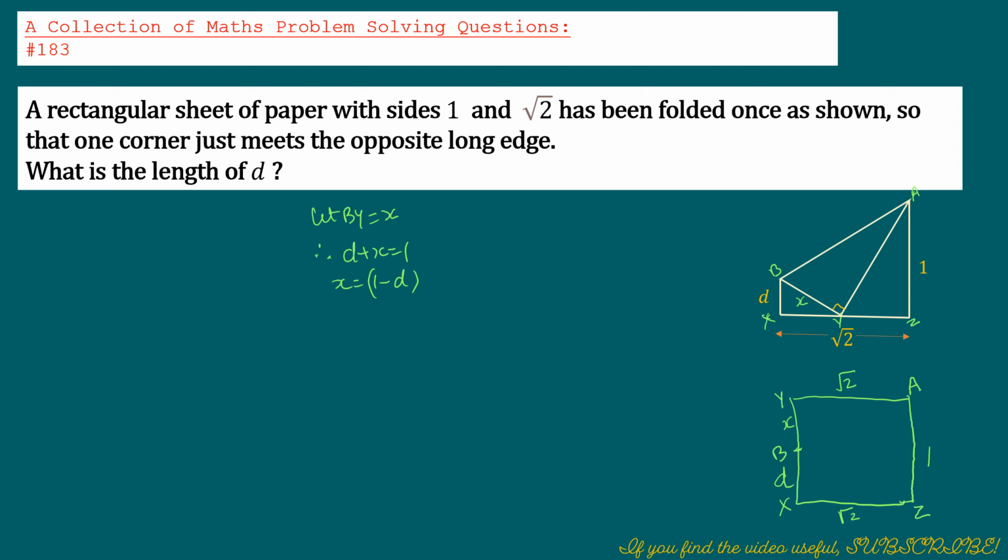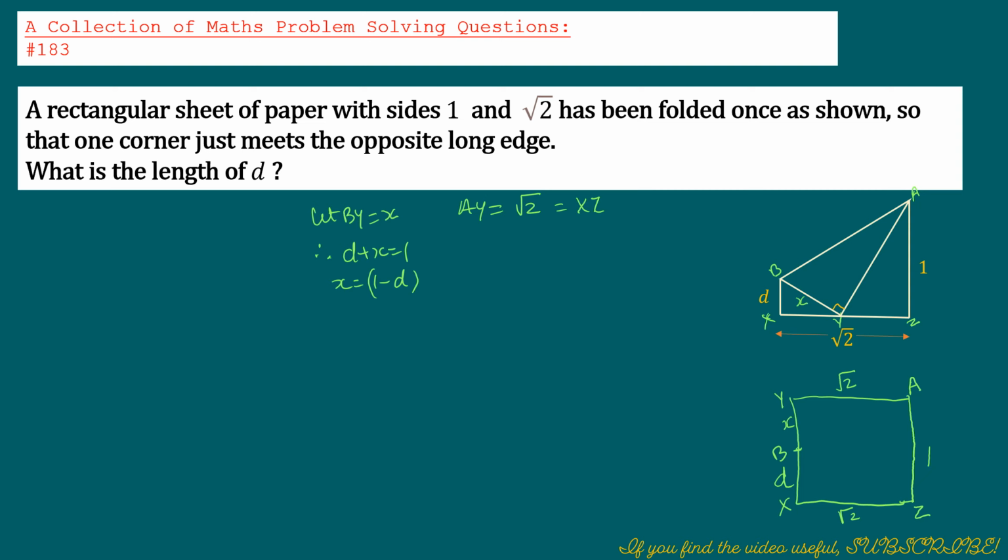Once we know that, we can state the other fact, that AY equals root 2. So AY is also root 2, and XZ equals XZ, because it is a rectangle, both are the width of the rectangle.